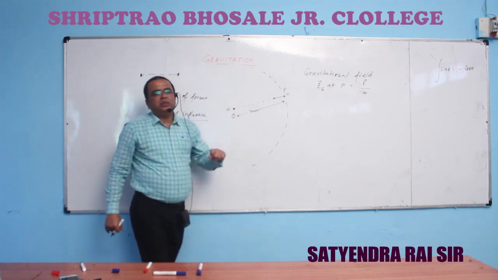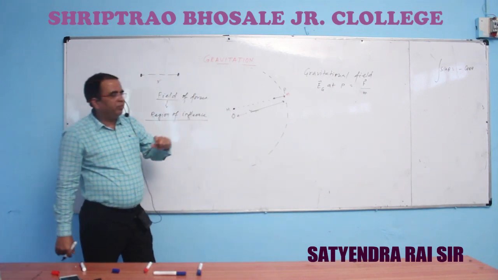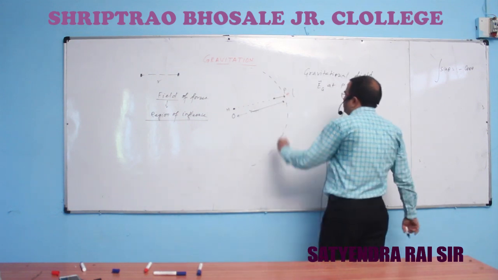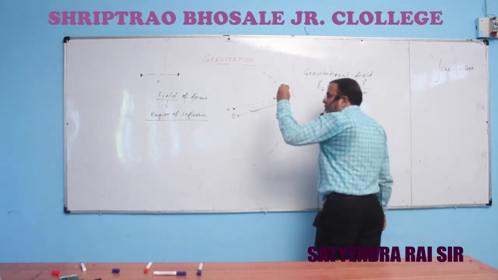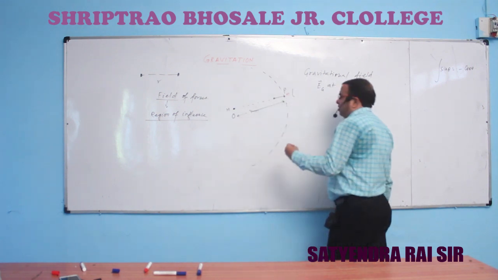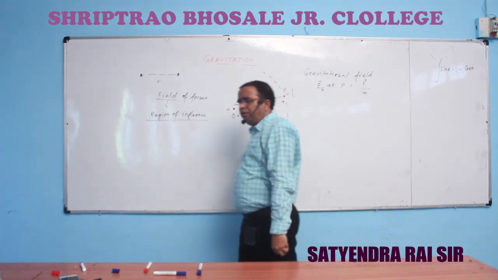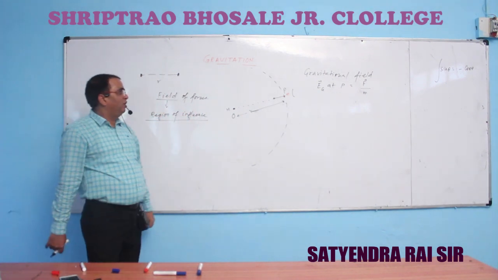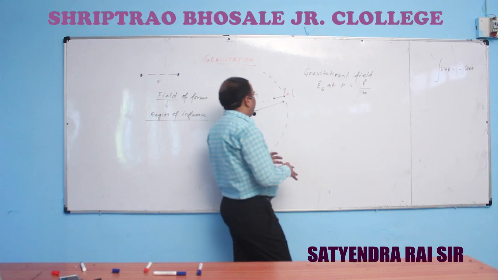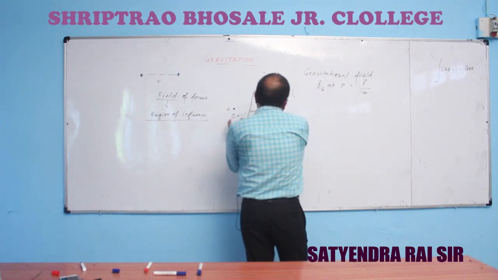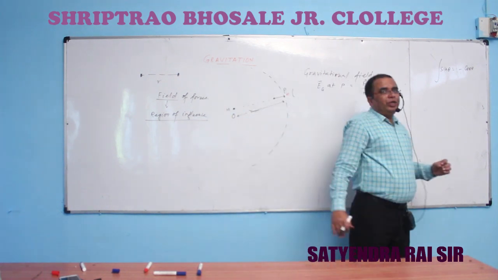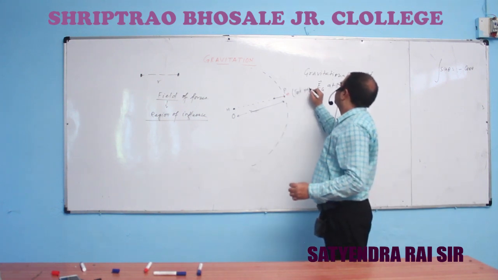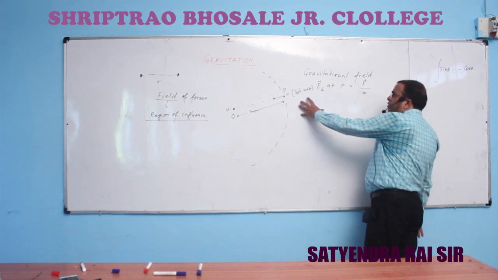This is force per unit mass. This m is the mass of the particle used to check the existence of the gravitational field, or to measure the intensity or strength of the gravitational field produced by capital M. We also call it a test mass.